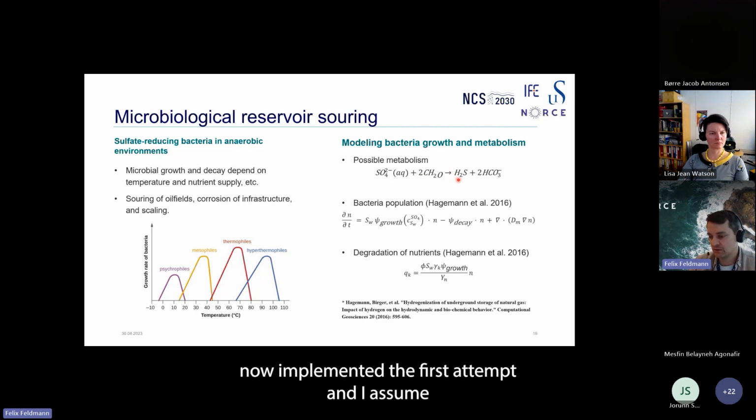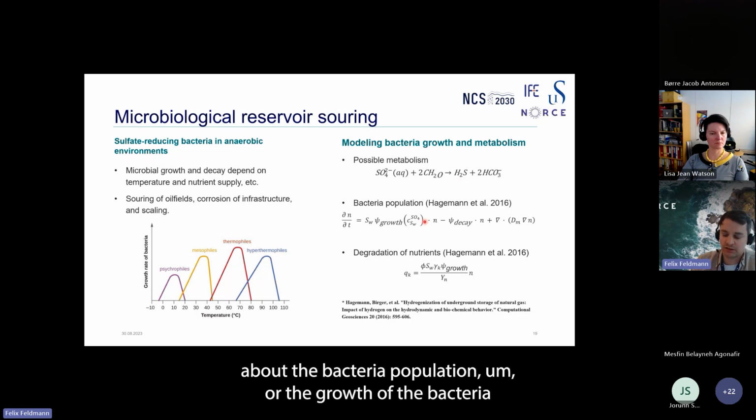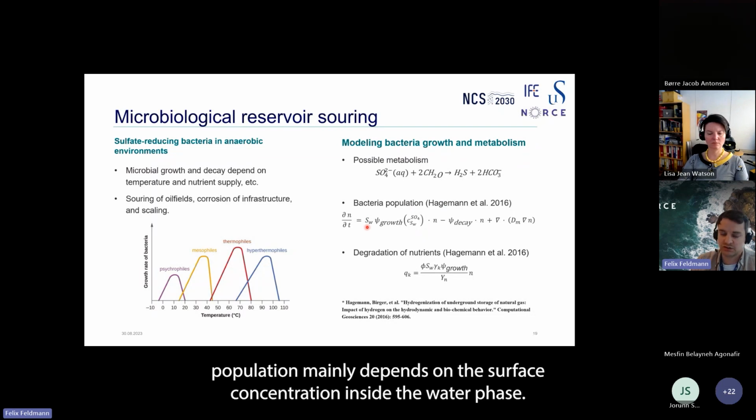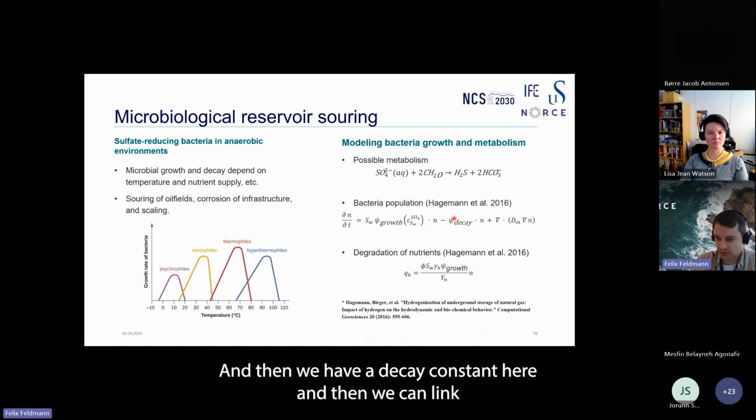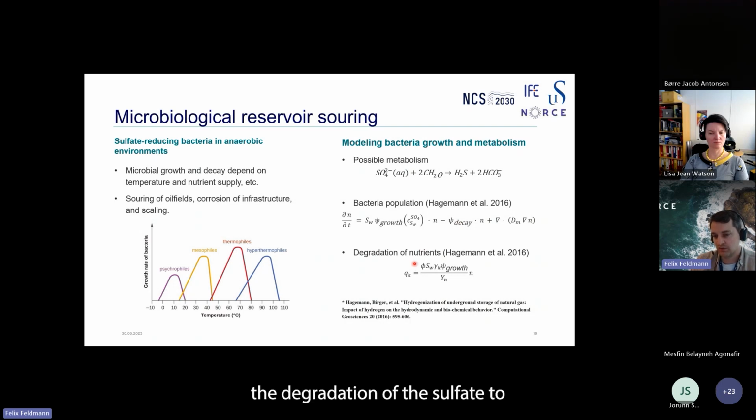And I have now implemented the first attempt in IORSim, where the growth of the bacteria population mainly depends on the sulfate concentration inside the water phase. And then we have a decay constant here. And then we can link the degradation of the sulfate to the chemical species balance.